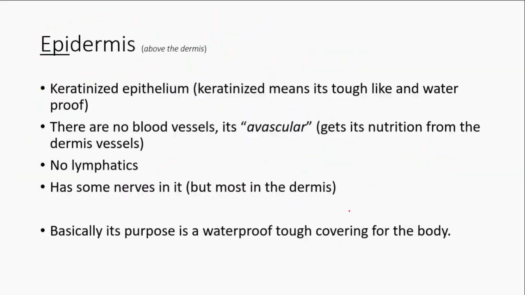So now what we're doing is that we're going to look at the epidermis, the top layer of the skin, and we're going to see what it's made up of, and then what its function is. So the epidermis, okay, as we said before, it's above the dermis. Epi means up or above, so above the dermis.